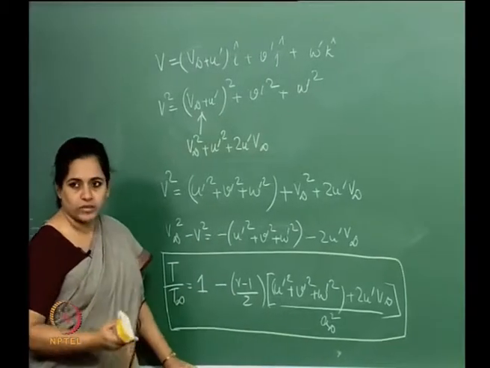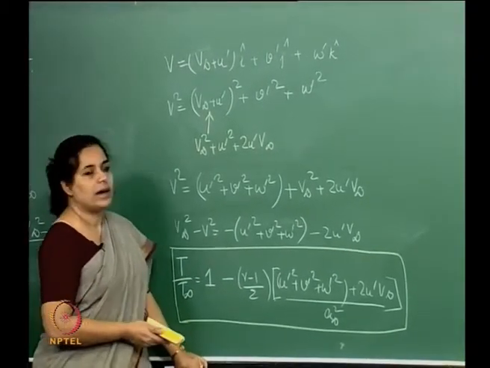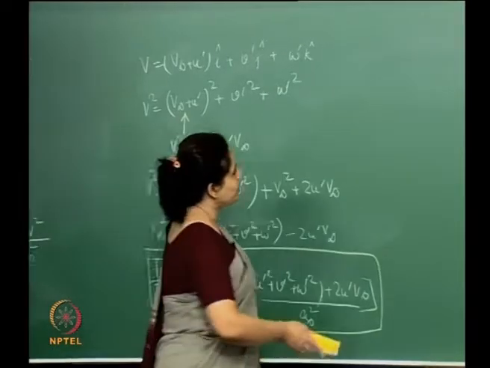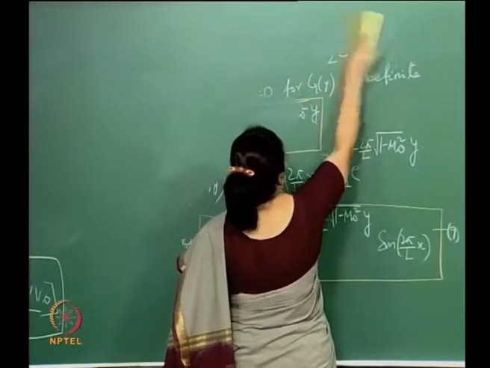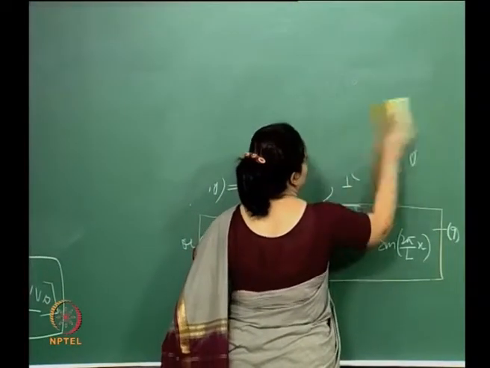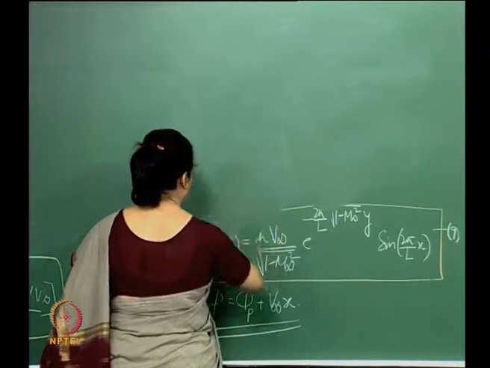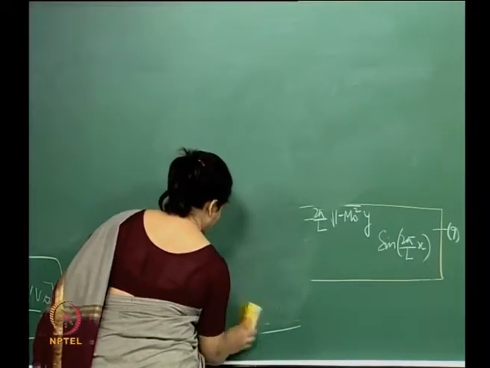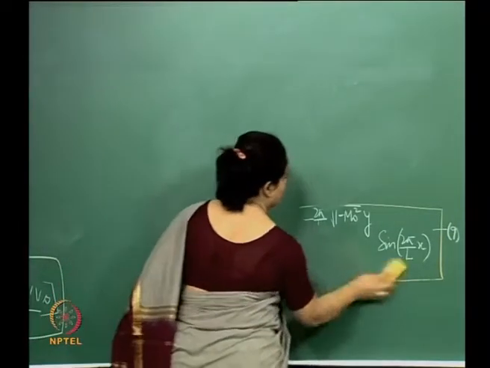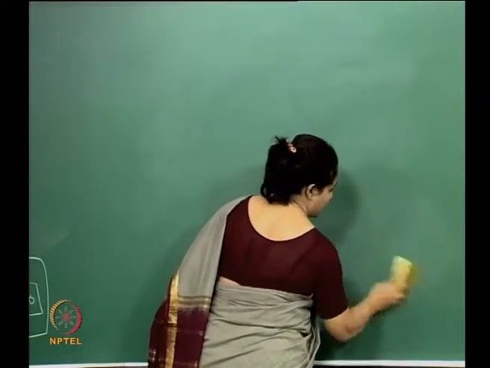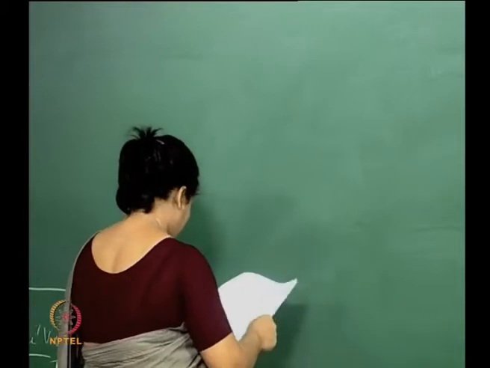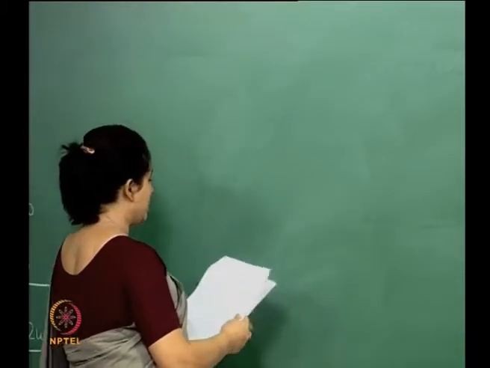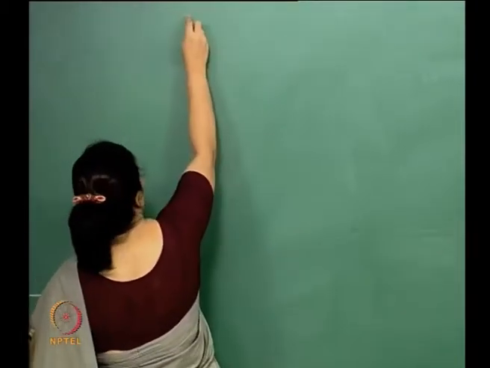We have T by T infinity, so we will use the isentropic relationship.